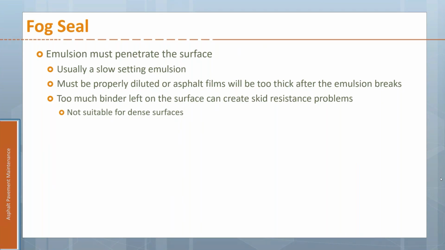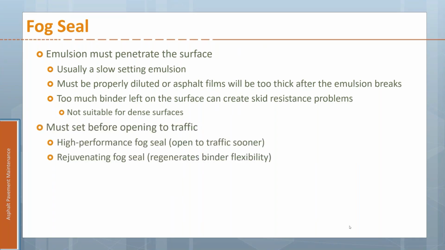Again, if it's too thick or a rate's too high, we're going to have some potential issues with skid resistance. And then again, don't put this on super dense surfaces, like some of those roadways that performed really well, but they've been out there for 25 years and they're just smooth as can be. That's not really the place for the fog seal.